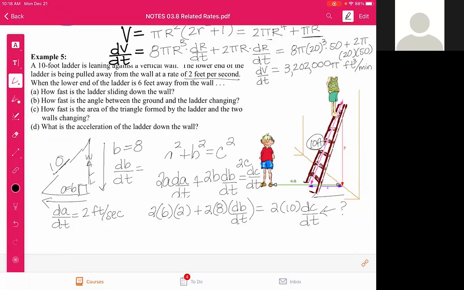No matter where you put it up against the wall, it's still a 10-foot ladder. So the length of the ladder is not changing, right? So therefore, dC/dt, you were right, Justin, is 0. So that means this whole side over here is 2 times 10 times 0, which is going to be 0. The length of the ladder is not changing, so that comes out to be 0.